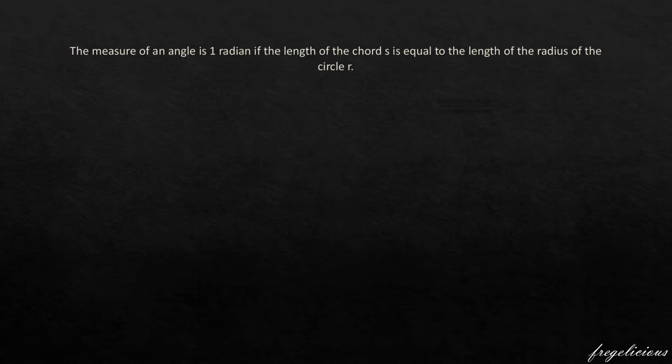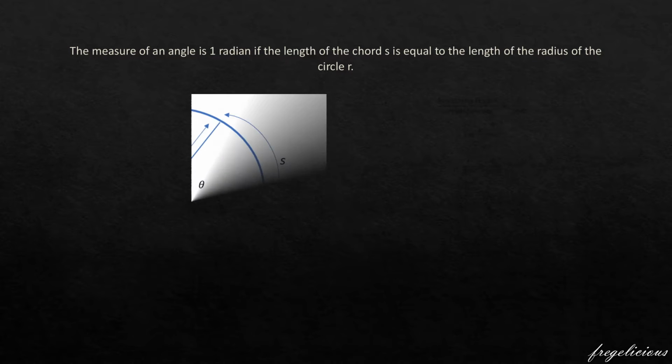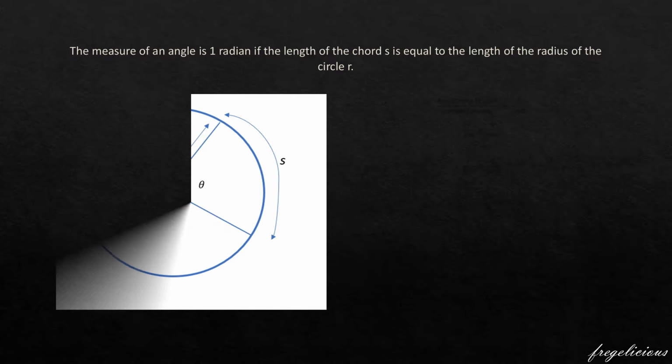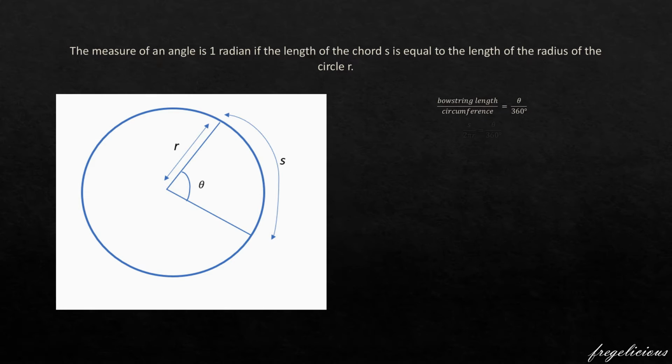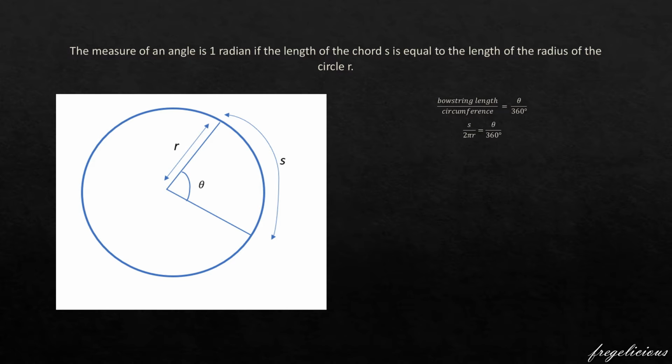1 radian is the angle of a circle when the length of the chord is equal to the length of the radius. In other words, the radian is a kind of creative way of determining the relationship between the angle of a circle and its distance in a circular motion. Using the comparison, we get distance divided by the circular circumference equals theta divided by 360 degrees.